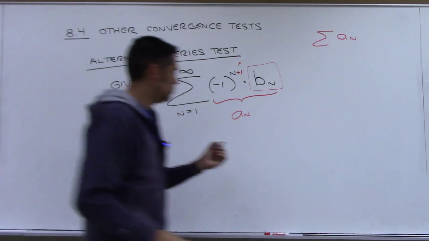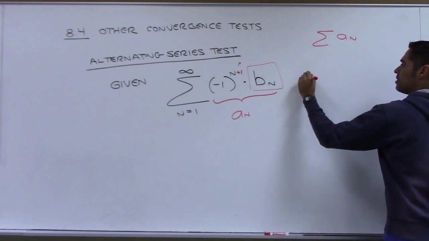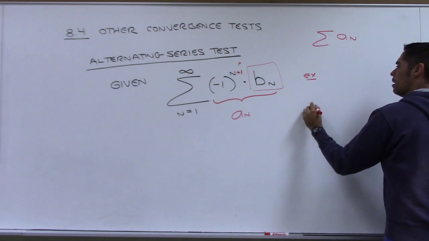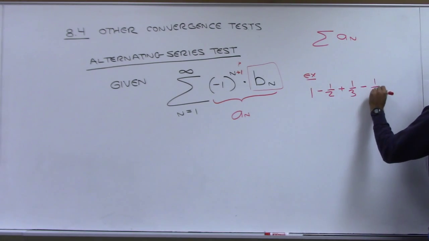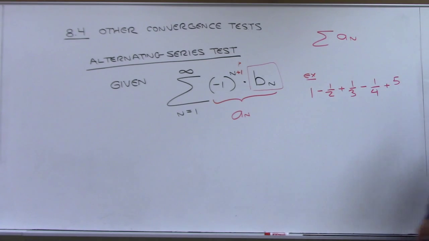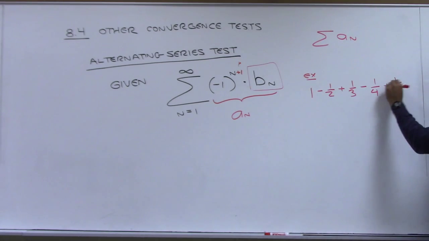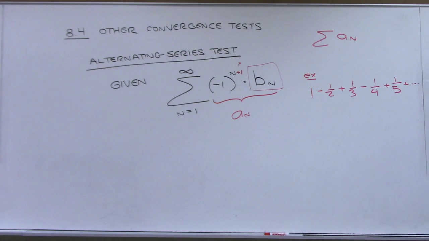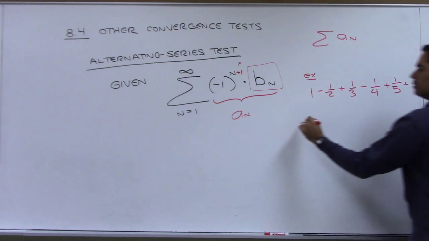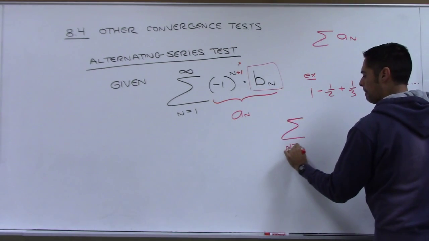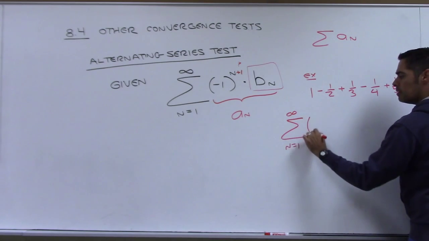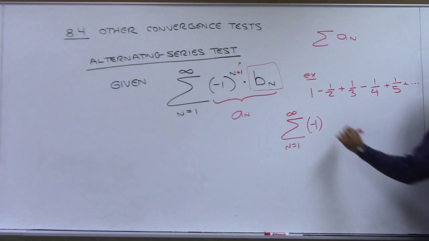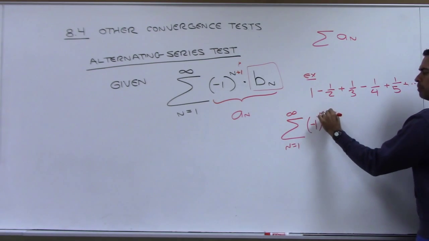Let me give you an example. I'll get back to finishing the test. If I write 1 minus a half plus a third minus a fourth plus a fifth, dot, dot, dot, could you convert that into a sigma notation? You're going to start with the positive, right? How do I start with the positive? Negative 1 to the n plus 1.